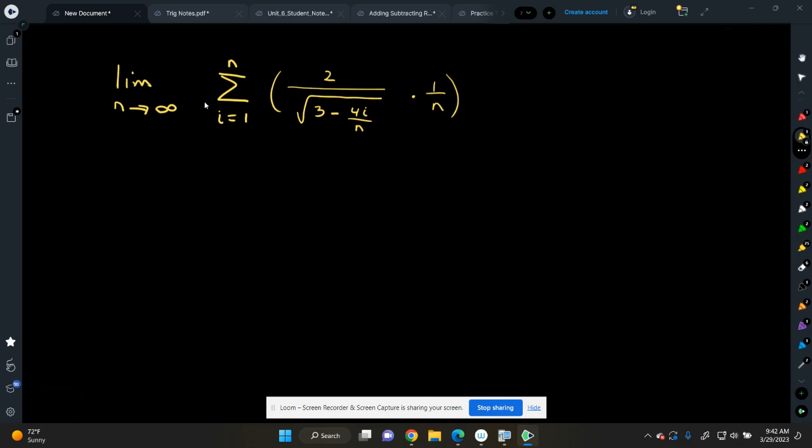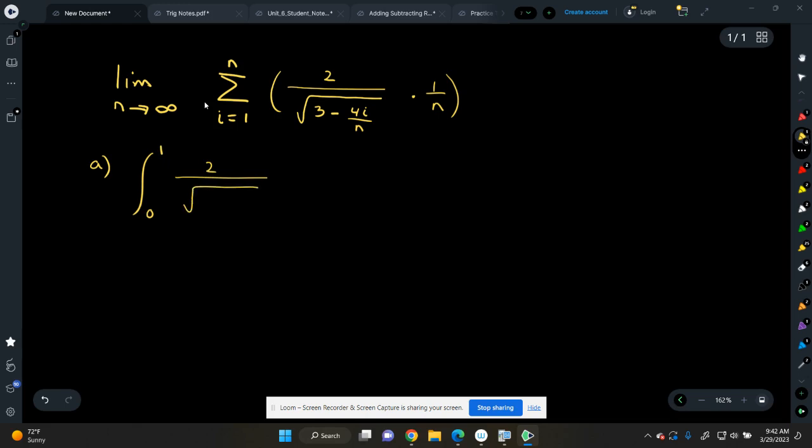And the question is, which of the following integral expressions is equal to that? A, the integral from 0 to 1 of 2 over the square root of 3 minus 4x dx. Part B, 0 to 1, 2 over the square root of 3 minus x dx.